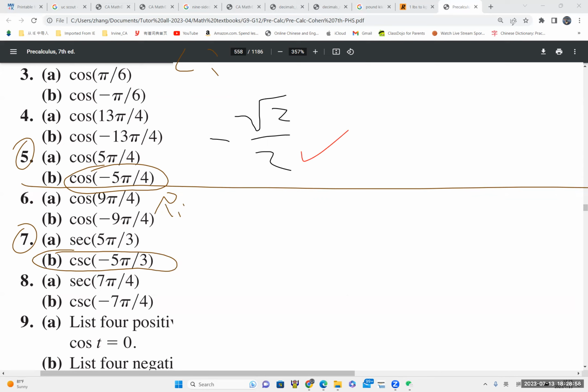It's not so hard. Yeah, Neil, keep doing this. Cosecant.